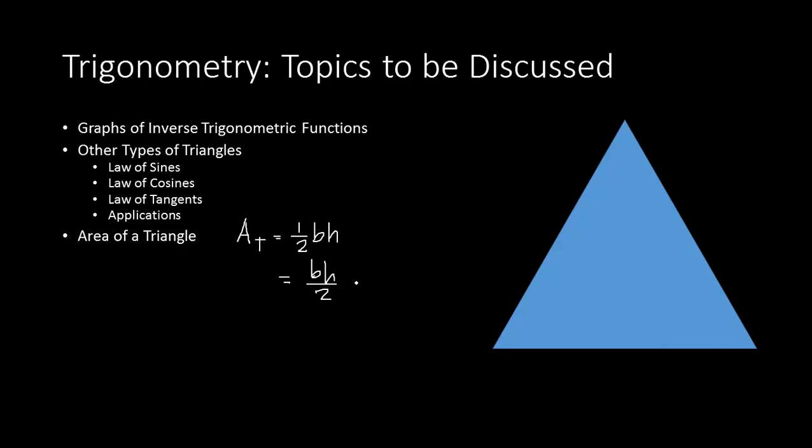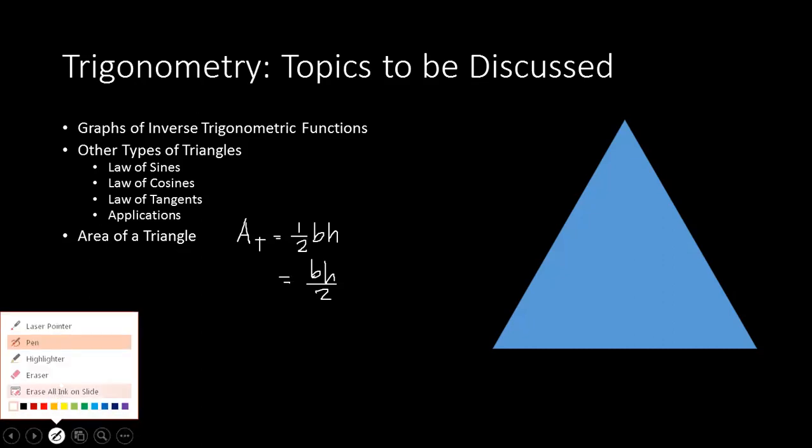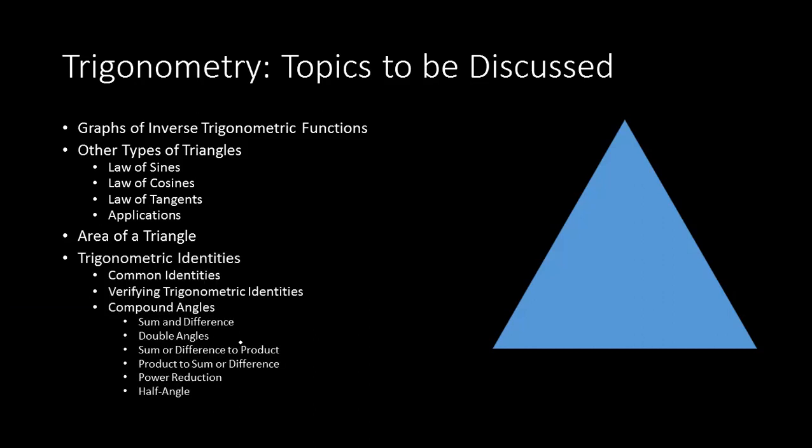But let's just say that the height is missing or the base is missing. So how are you going to find the area of a triangle? So we will know that in the future. Let me just erase this writing. Then next, we will have trigonometric identities.